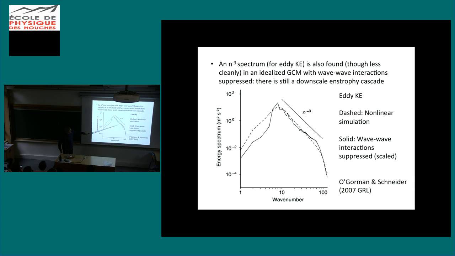Although it's not as smooth as in the nonlinear cases, it's much more jagged, but still sort of a -3, and you still get this downscale cascade. That makes sense, because even in the quasi-linear case, you still get a downscale enstrophy cascade, so you would expect something like a -3.